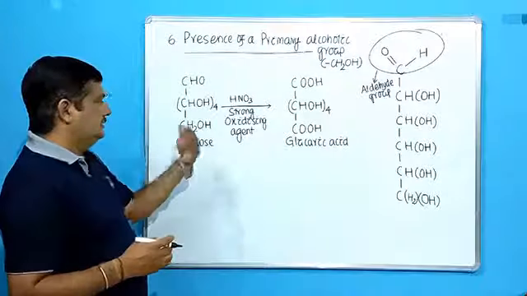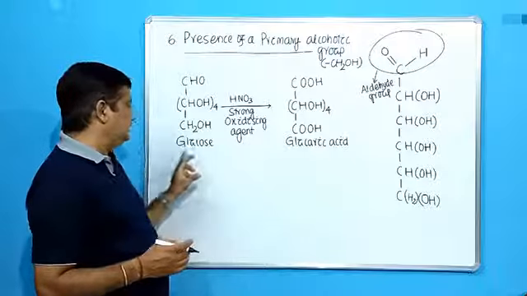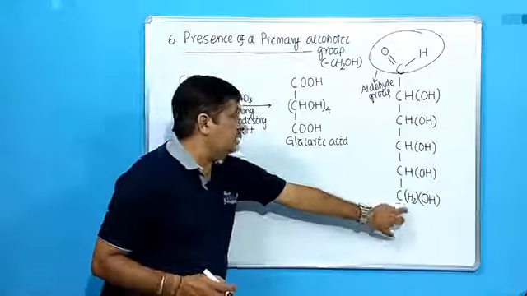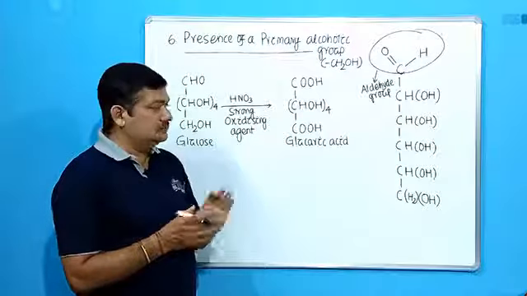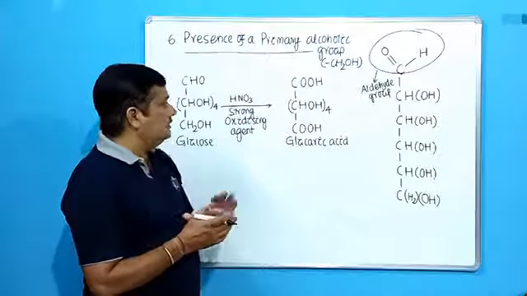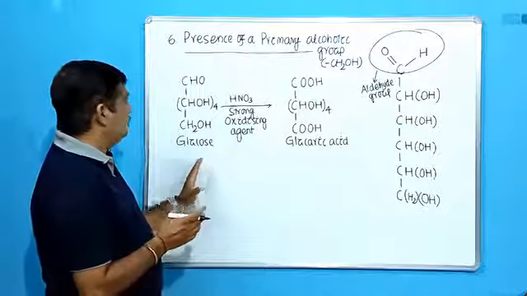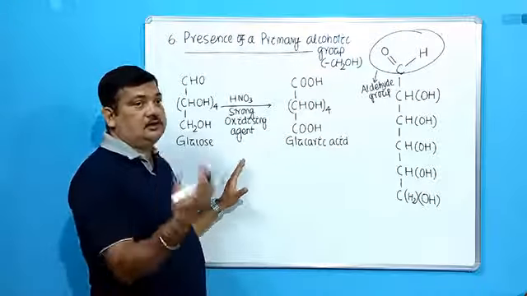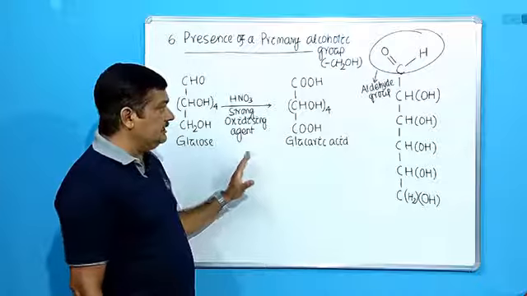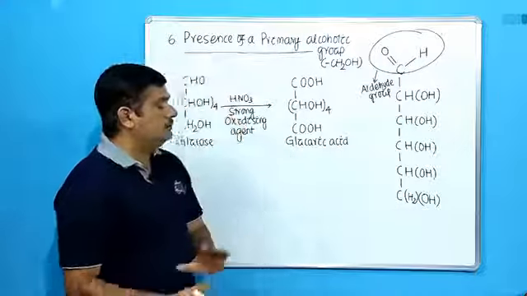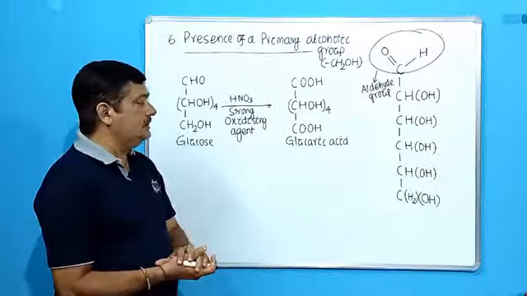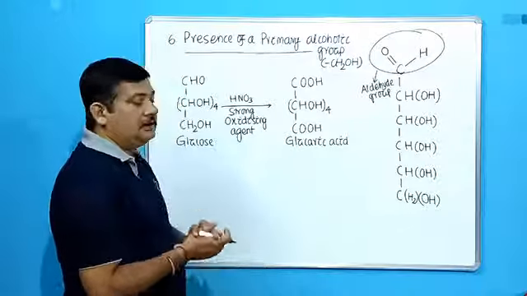Okay, so this oxidation confirms that the terminal carbon atom contains a primary alcoholic group CH2OH. So the last one is confirmed by the reaction of glucose with a strong oxidizing agent like HNO3. Now the last one is also confirmed, that glucose contains a primary alcoholic group at the terminal carbon atom.